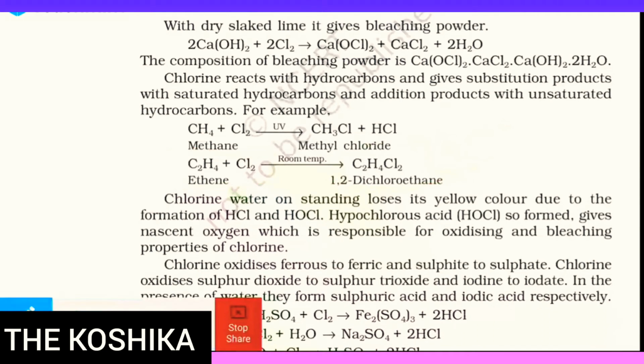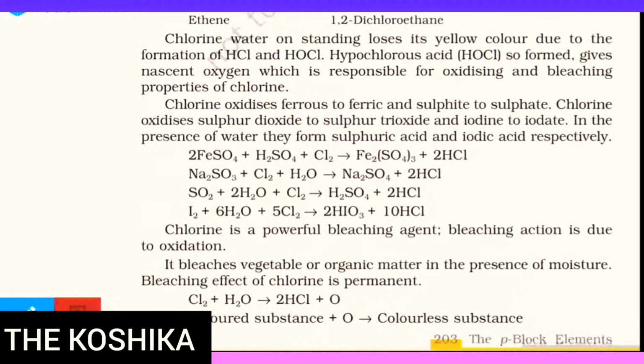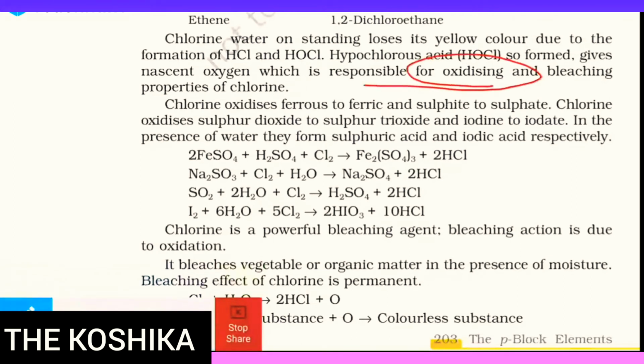Is it clear? Okay. Now we can say that chlorine water on standing loses its yellow color due to the formation of HCl and HOCl. Hypochlorous acid so formed gives nascent oxygen. Therefore, you can say that it is the best oxidizing agent.